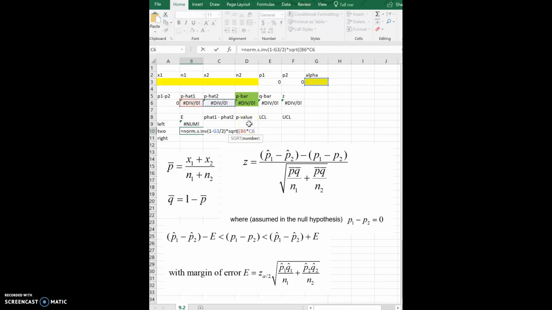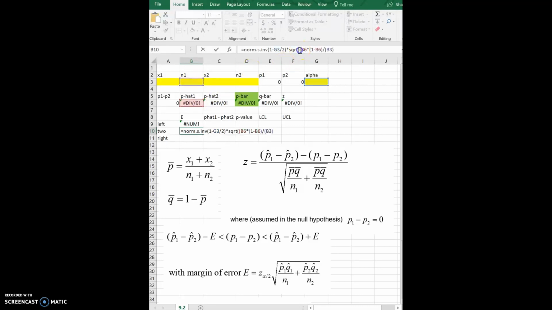So I never found q hat, which is what we were supposed to be using. So that's why I was using 1 minus that. So 1 minus p hat 1, close parenthesis, that's our numerator, divided by the denominator, which is going to be n1, close parenthesis.